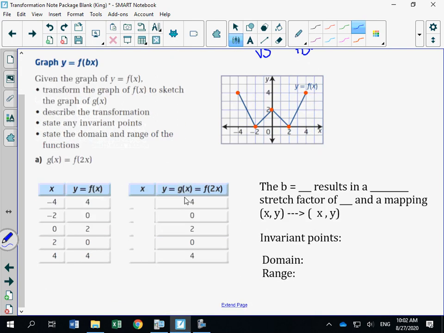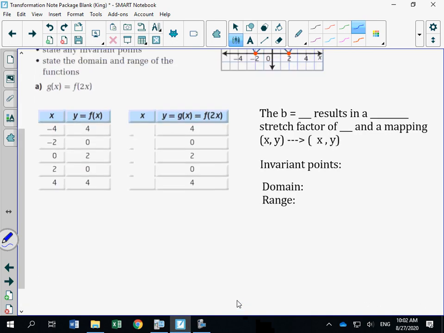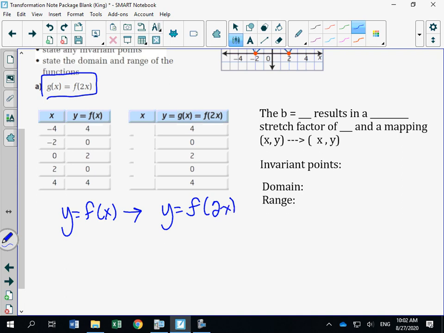So it's the exact same graph, but we're now dealing with the b value. Okay, so here's what we're graphing. We had our original function, y is equal to f of x, and this is going to go to y is equal to f of 2x.